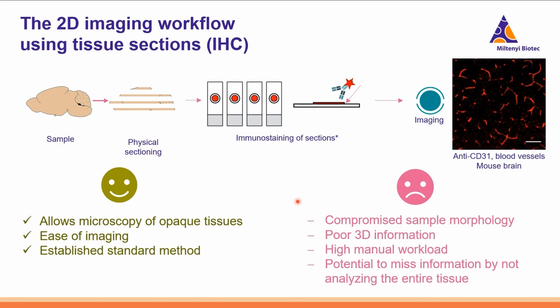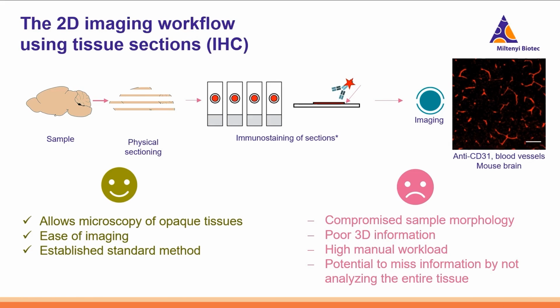But there is also a high manual workload because of all the sectioning steps, preparation and then imaging of each slide, and it is very likely that we miss a specific interesting structure in the tissue, because it is simply sectioned out or we have not imaged that slide.